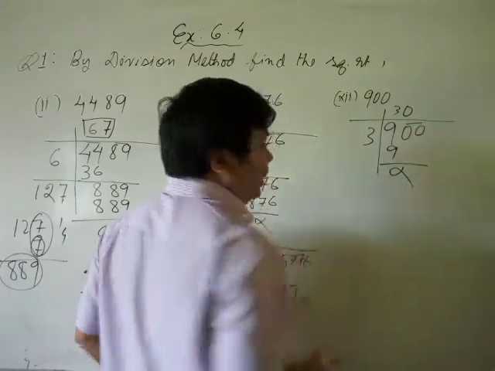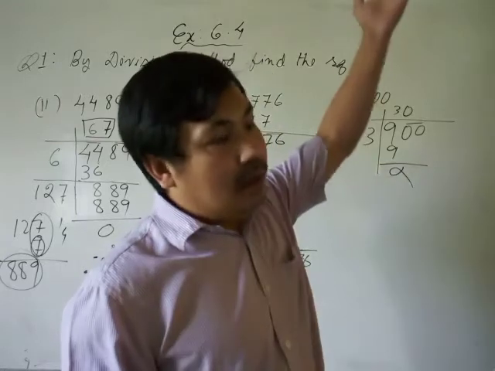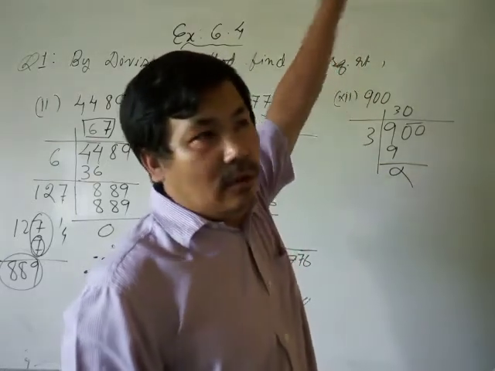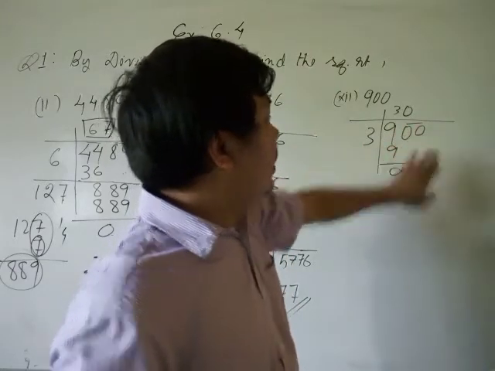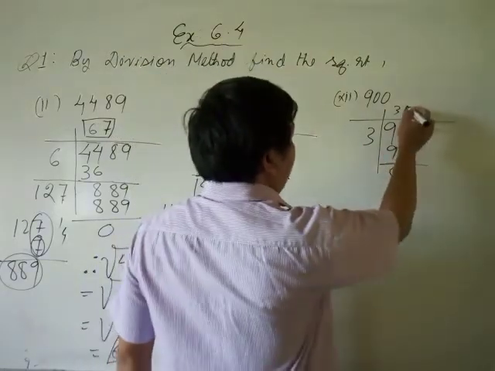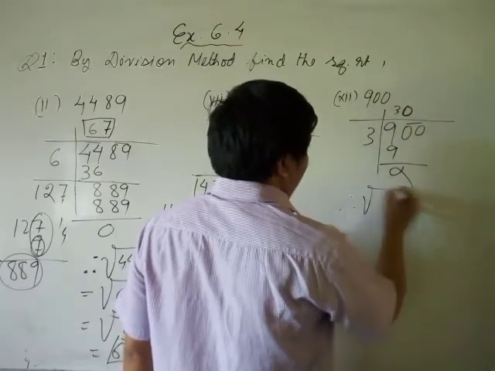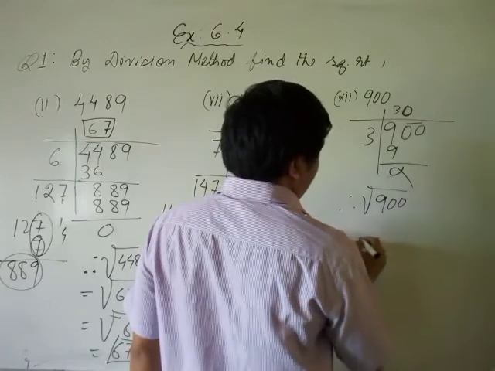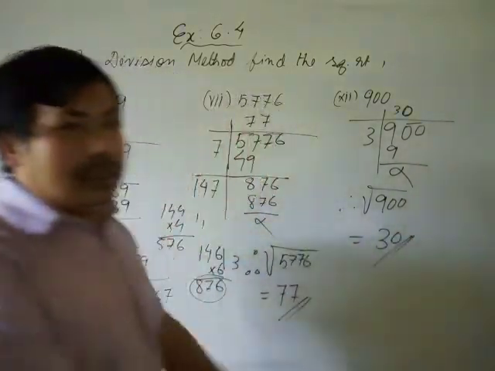So for two zeros, the square root takes only one 0 with a division. In the other division we take the whole zero, isn't it? No, here we take only one because of the square. So two zeros are remaining here, and 3 is 9. Therefore, the square root of 900 is equal to 30. This is the question number 1 solution.